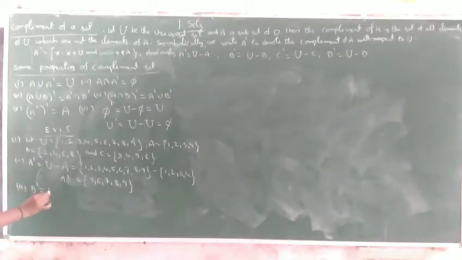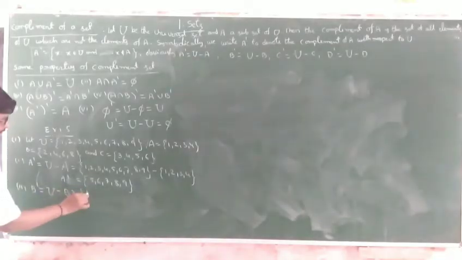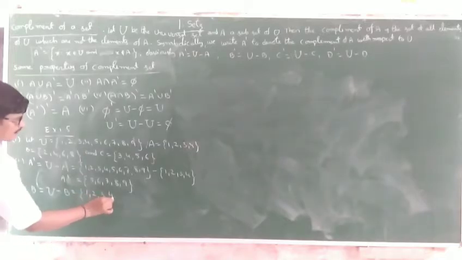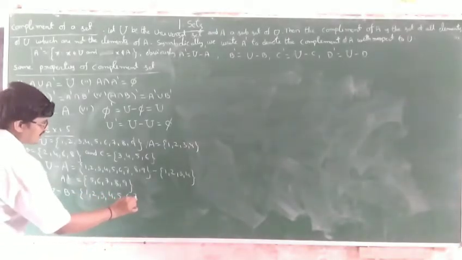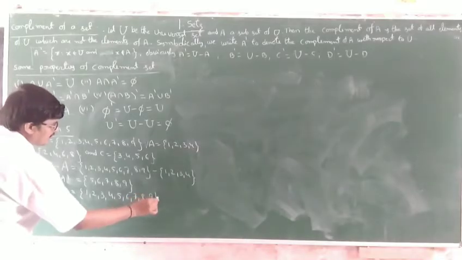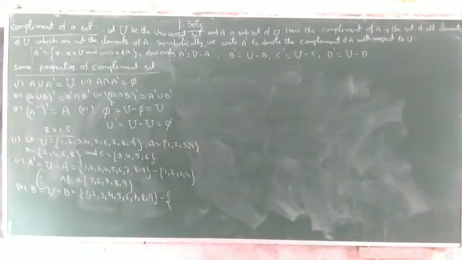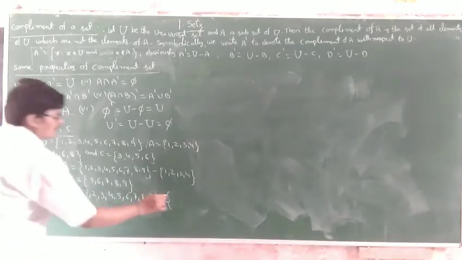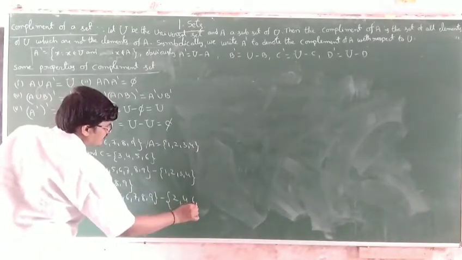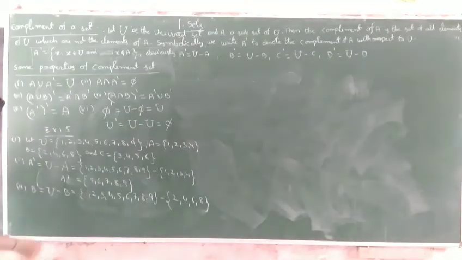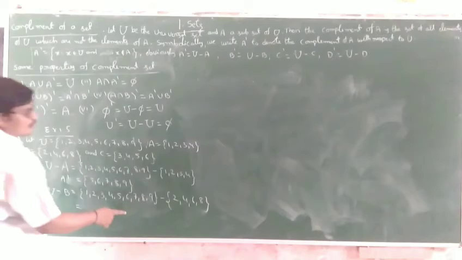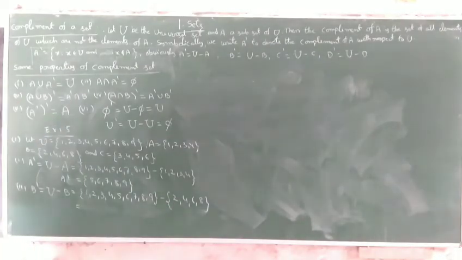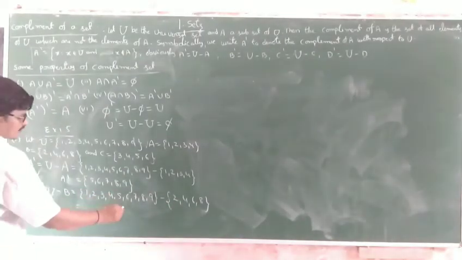Next, the second one is B complement. B complement is equal to universal minus B. The universal is 1, 2, 3, 4, 5, 6, 7, 8, 9, minus B. What is B? 2, 4, 6, 8. From the universal we remove 2, 4, 6, 8.